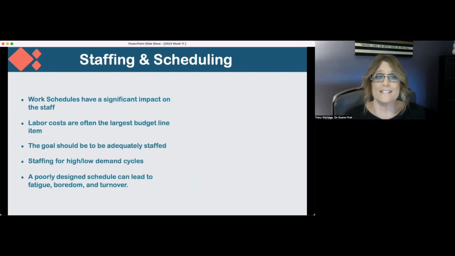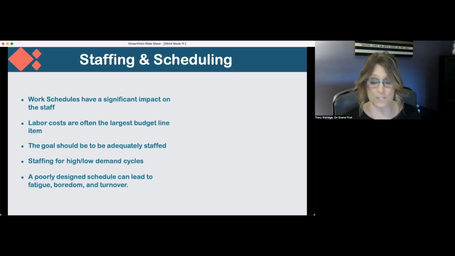As far as staffing and scheduling goes, work schedules have a significant impact on the staff. We know that. The schedule also has a large impact on not only the mental aspect of the telecommunicators, but a financial aspect as well.